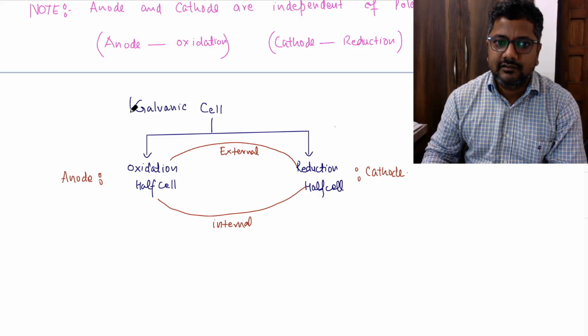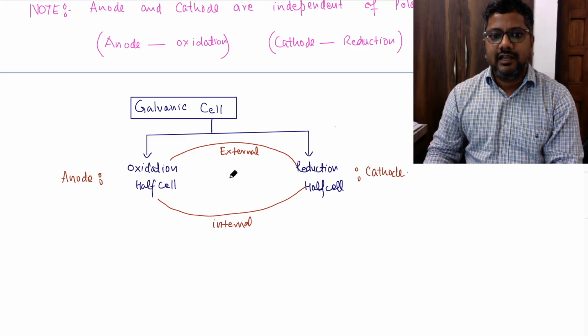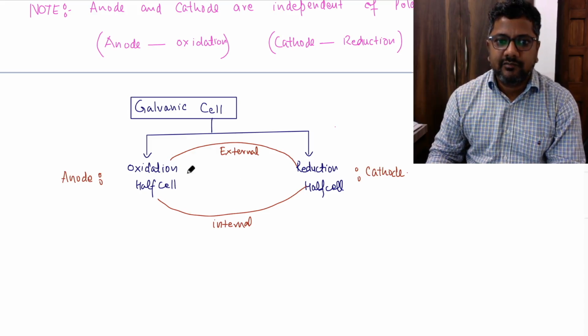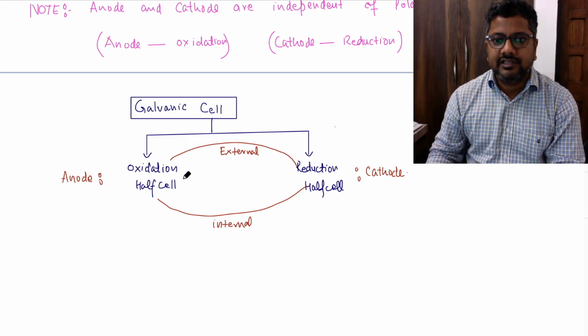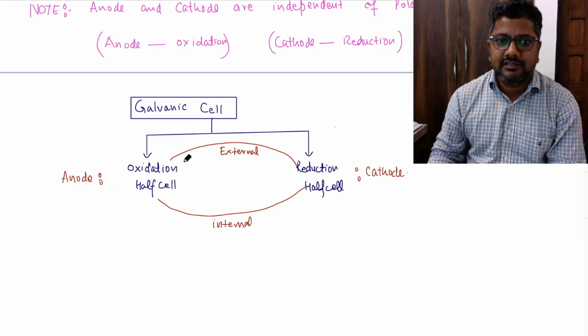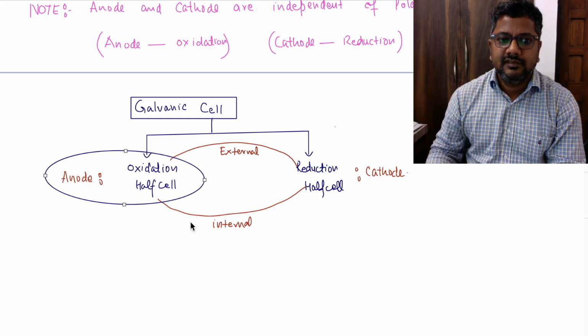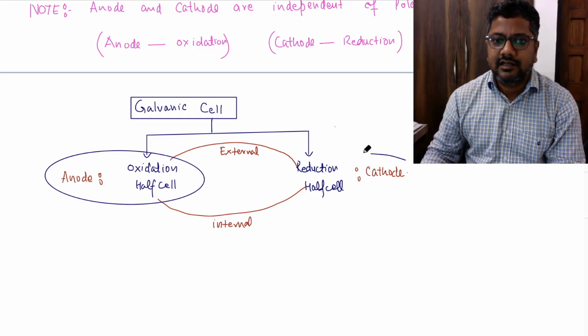Galvanic cell. So a galvanic cell is basically made up of an oxidation half cell, meaning the anode, and a reduction half cell, meaning the cathode.